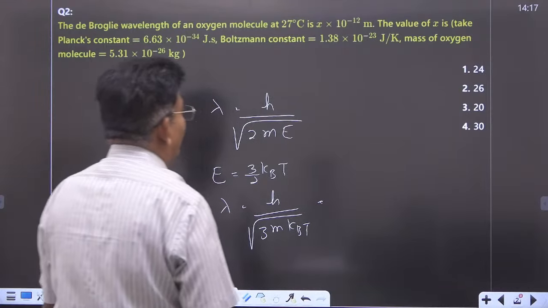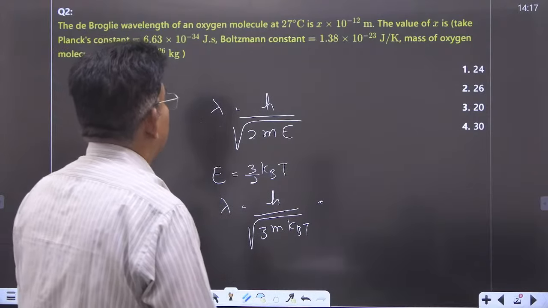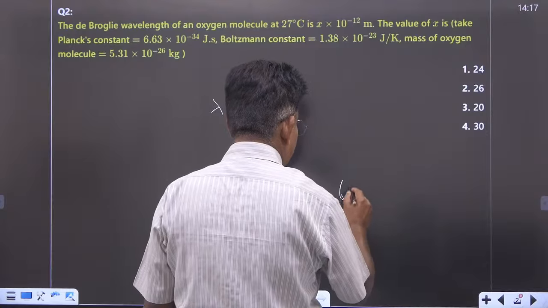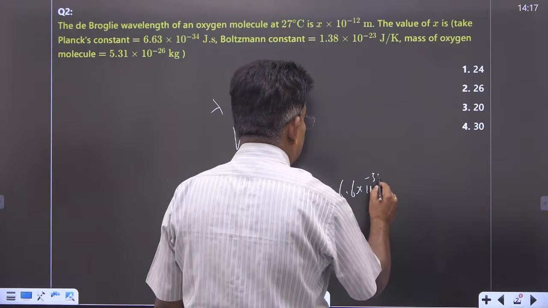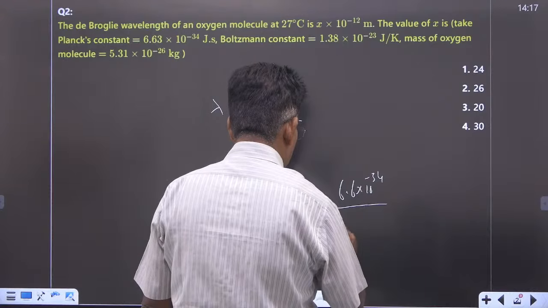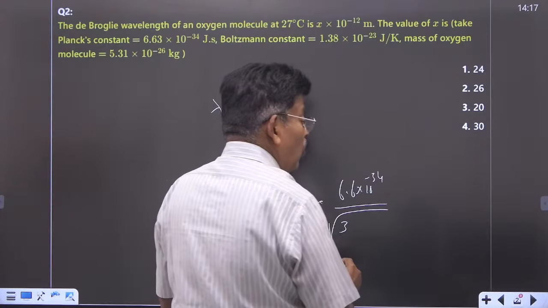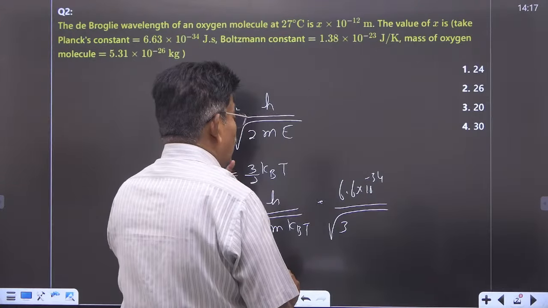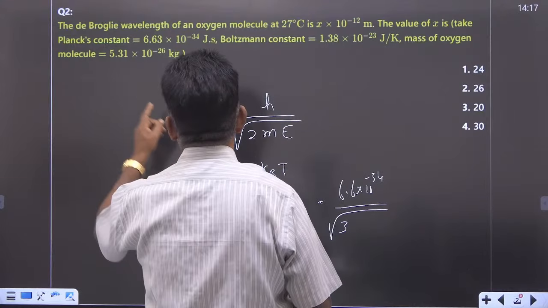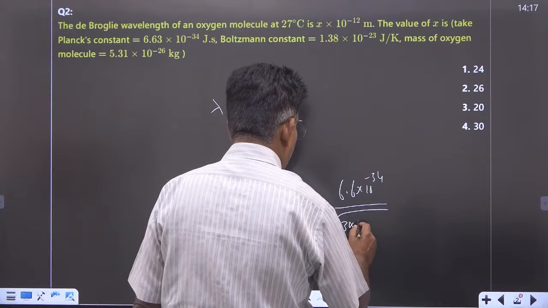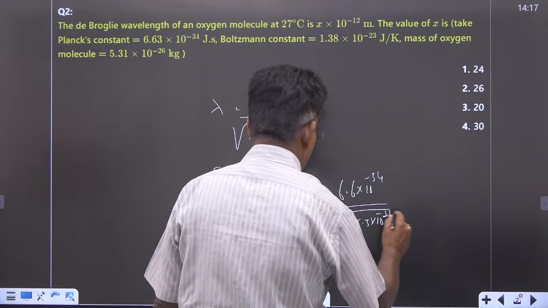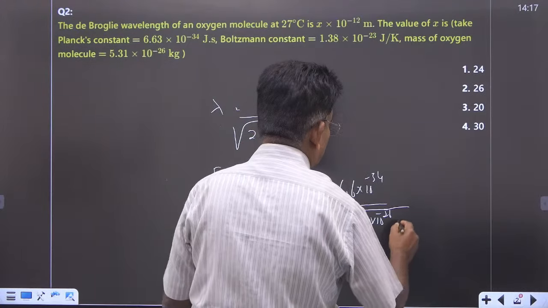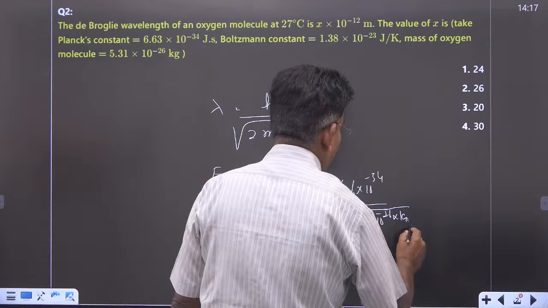So, every value is given to you. H, you take in the most convenient, easily divisible form, divided by root of 3. Mass you want in kilogram, mass of one molecule of oxygen. Here it is given: 5.3 into 10 to the power of minus 26. Boltzmann's constant is given, you put the value.